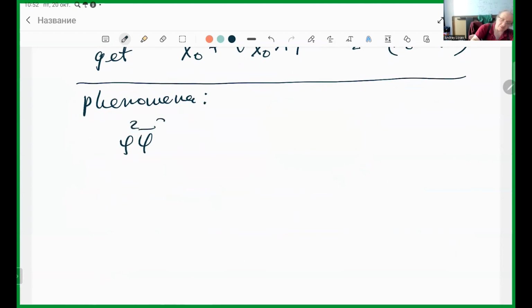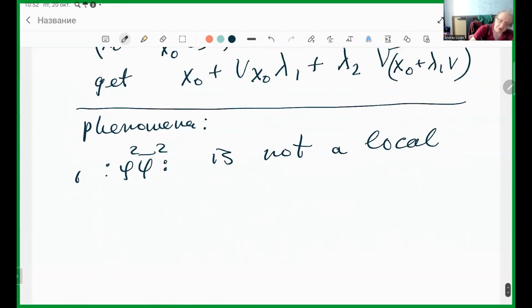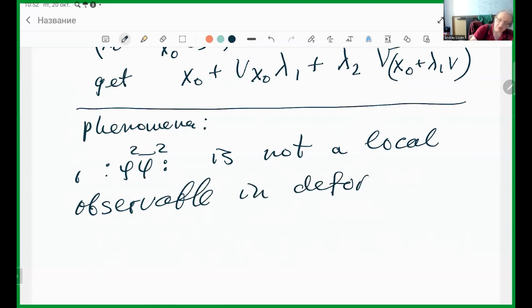Phi bar square, double dot, is not a local observable in deformed theory.